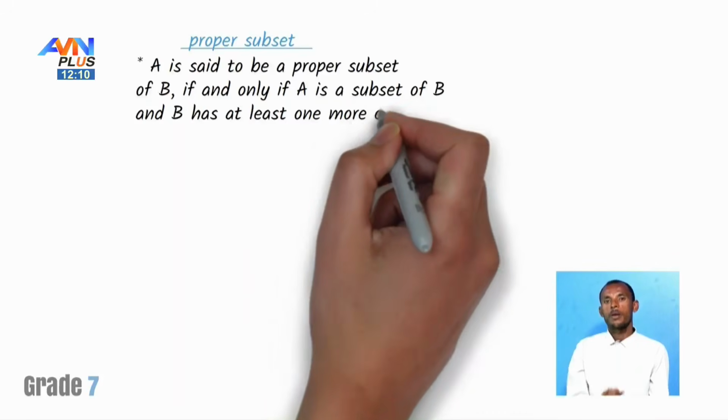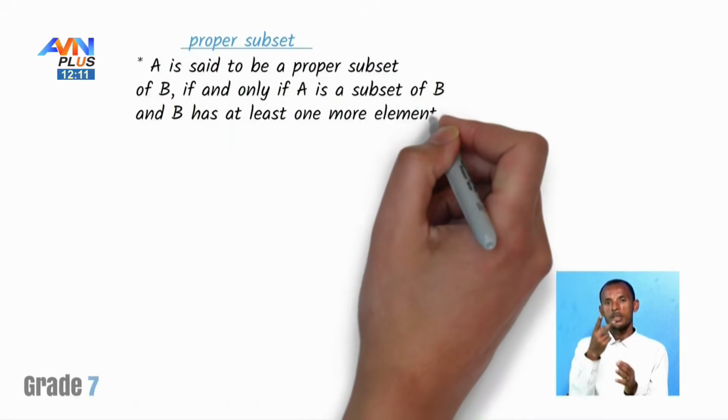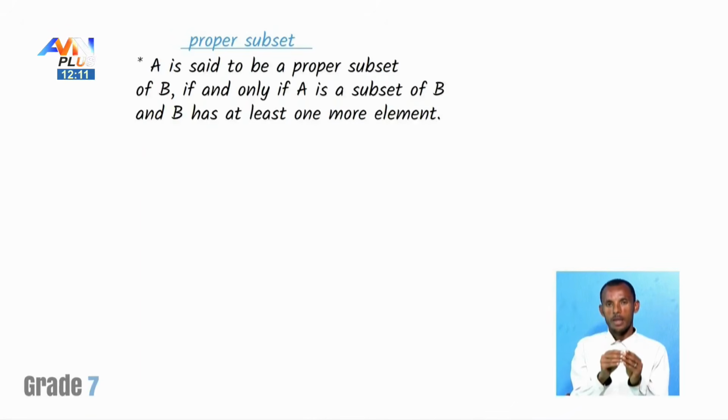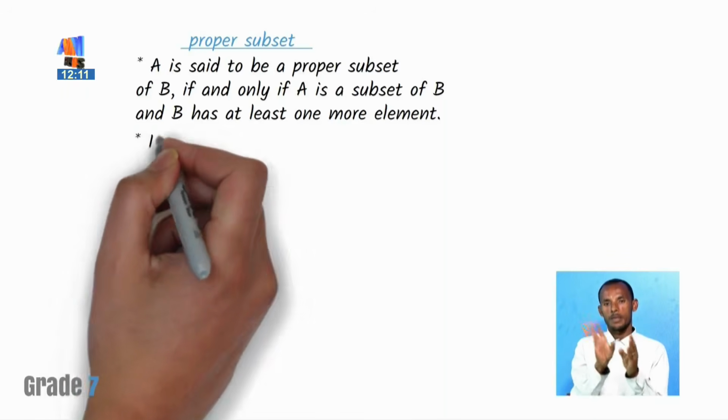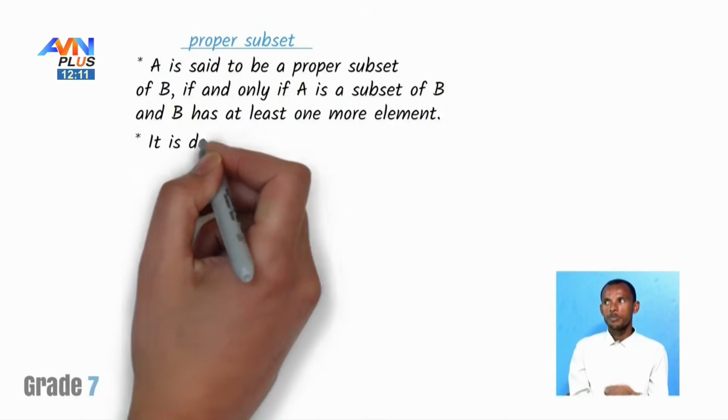I'll explain these definitions through examples. First, let's see the symbolical notation of A proper subset of B. It is denoted by this symbol.